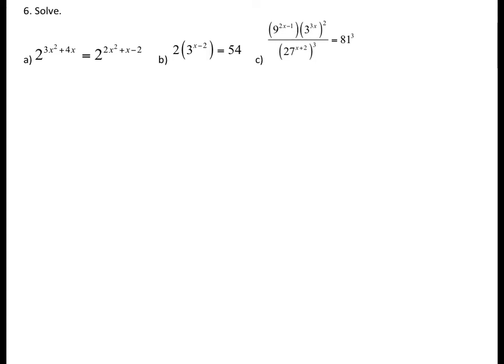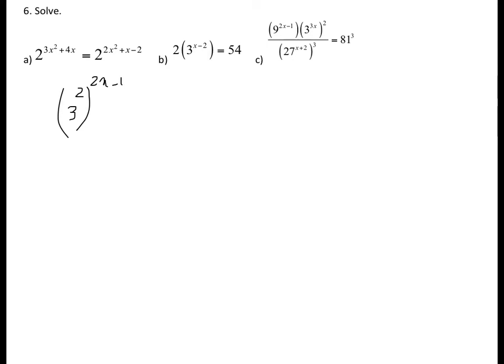Okay, the last one, the rational function. I'm going to express everything in base 3. So I can write 9 exponent 2x minus 1 as 3 exponent 2, and the whole thing exponent 2x minus 1.